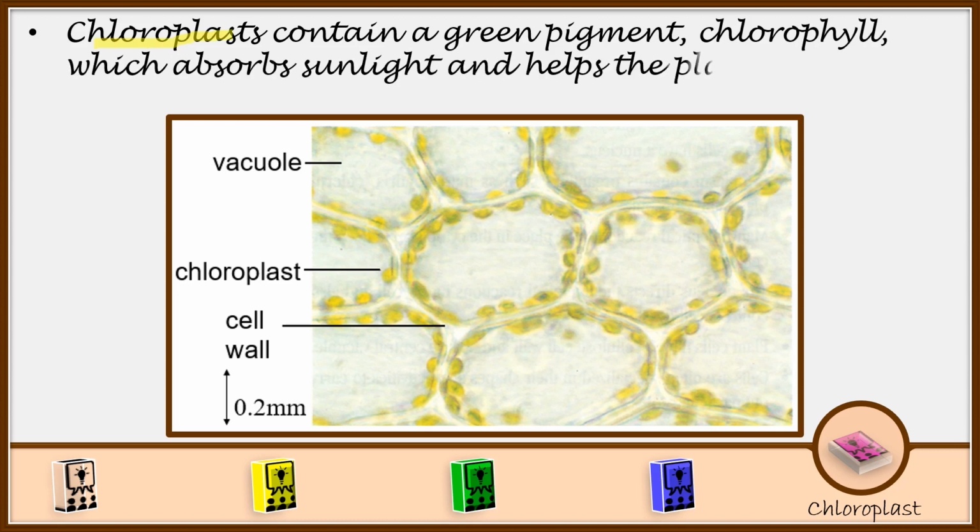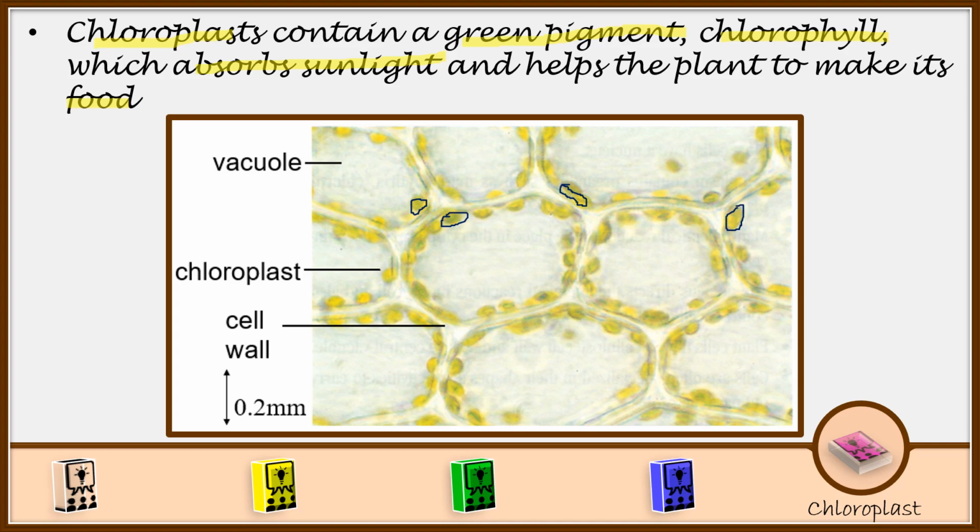Chloroplasts, these ones contain a green pigment, which is chlorophyll. And this one absorbs sunlight, which helps the plant to make food. So we have the chloroplasts. These chloroplasts contain chlorophyll, and that chlorophyll is the one that is used in the manufacture of food for the plant.